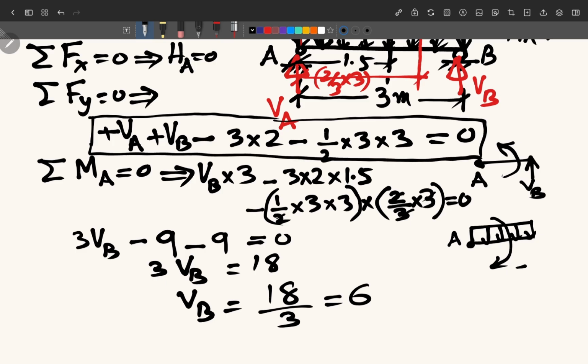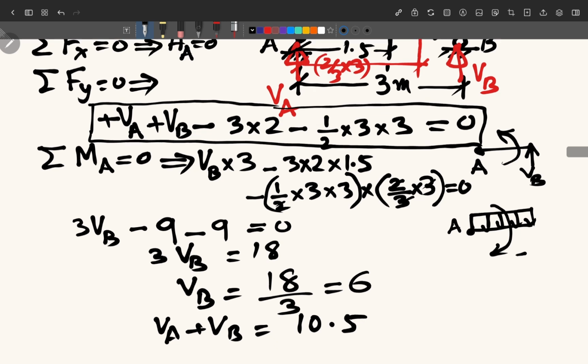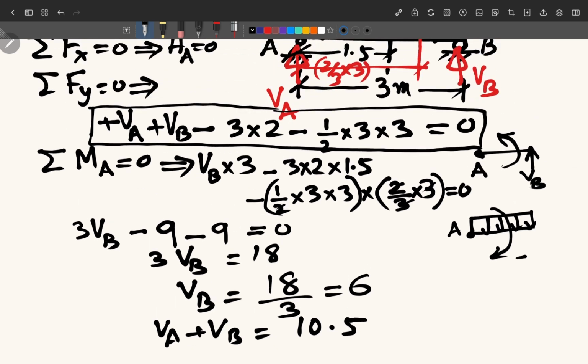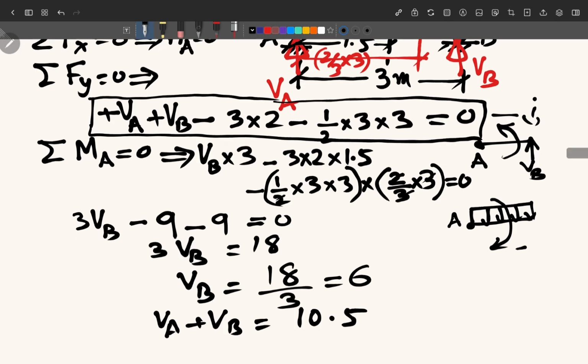VA plus VB is equal to 6 plus 4.5, that is, okay, so our equation VA plus VB is 10.5, right? From this equation number 1, here we can say that this is equation number 1.